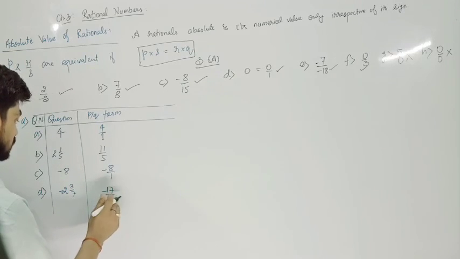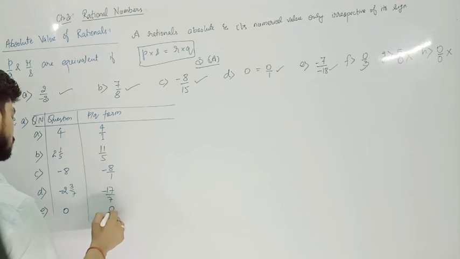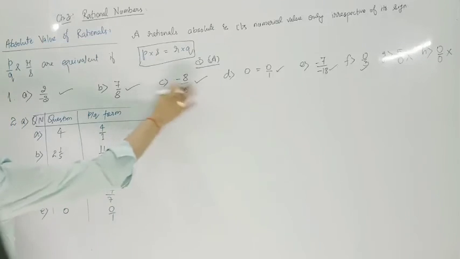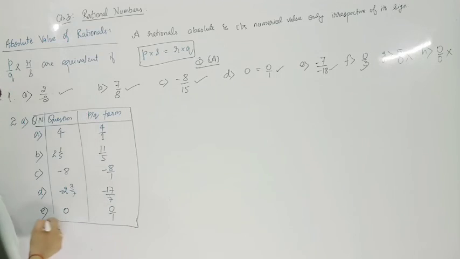Minus 17 by 7. And last, E, 0. 0 can be written as 0 by 1. These are the answers to the given questions. You can make a table and write all the answers in this form.